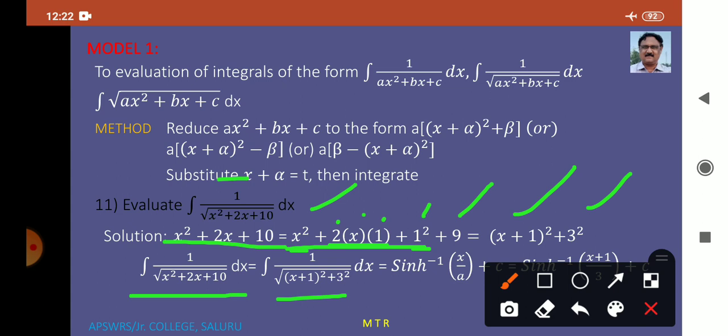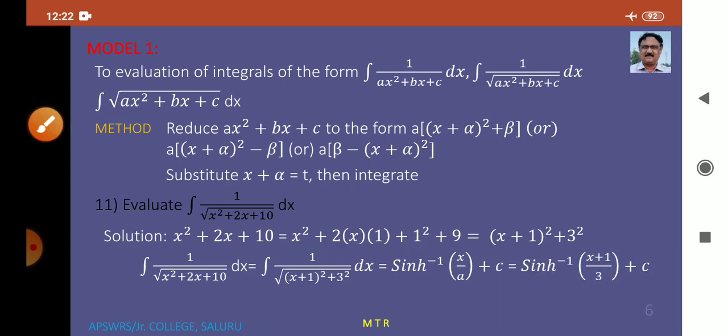So what is the formula of integral 1 by square root of a square plus x square? Yes, sin h inverse x by a. So that is equal to sin h inverse of x plus 1 by 3, plus c.